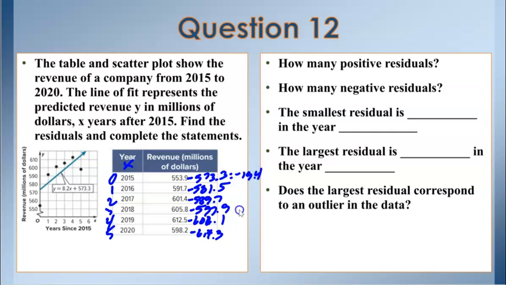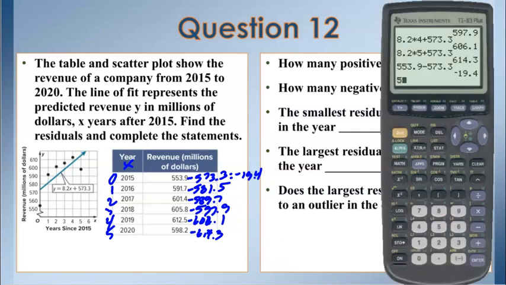Next one, we have 591.7 minus 581.5, which gives us 10.2.